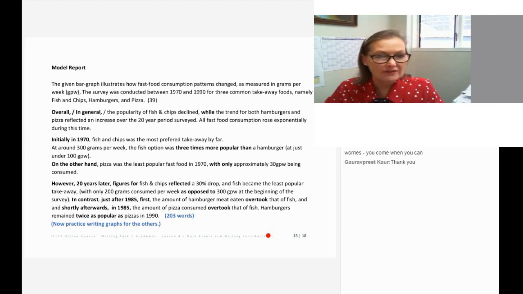The given bar graph illustrates, so there I've used another word, illustrates. The given bar graph illustrates how fast food consumption patterns changed. So I've given you yet another way to write your introduction, with how, rather than how much, how the pattern changed, as measured in grams per week.